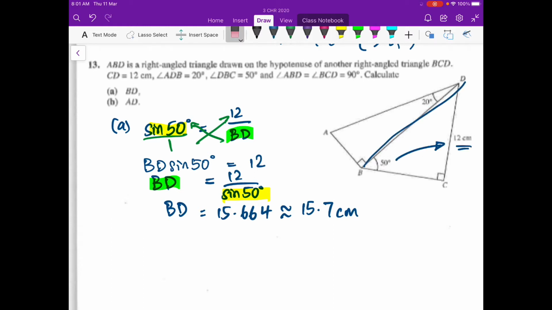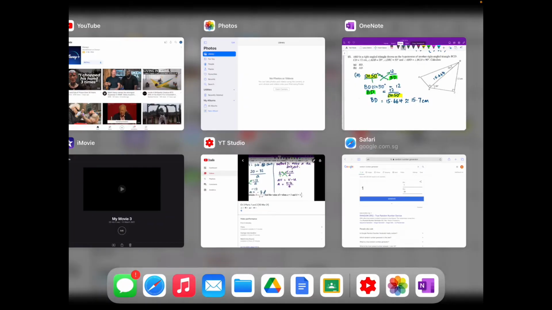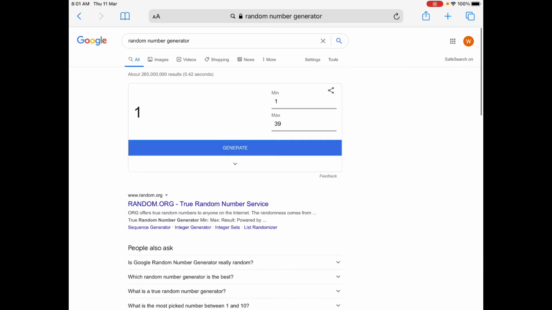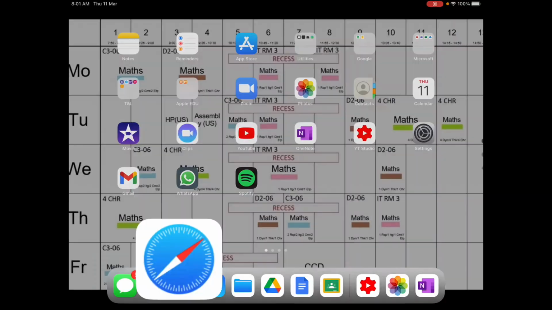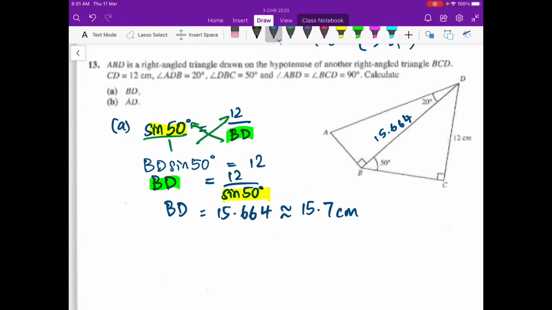Let us find another student. 33. What was 33? Who is 33? Reese. Okay, another one. 34. Ziguan. So it was perfectly random, huh? Okay, part B.